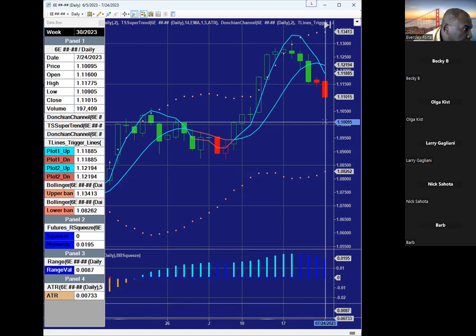Anyone? 1080, isn't it? Yep. Go ahead and type in 1.1080. That's right. Okay, so now we know our entry price and we know our stop loss price.